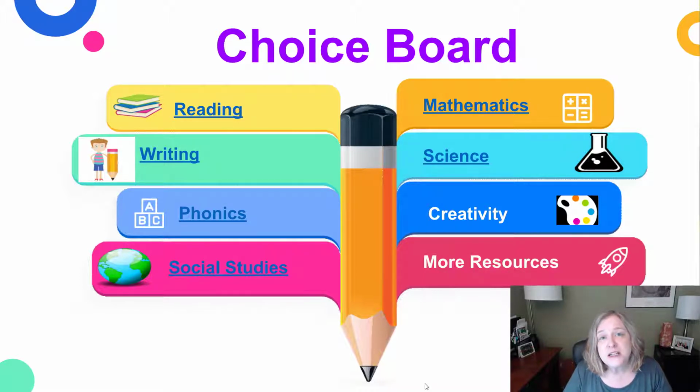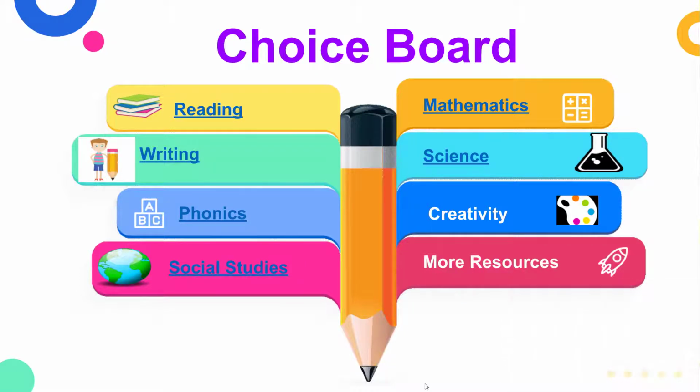Because if you're wanting to keep your HyperDoc to one page, you're sort of limited with the amount of information. This way, with slides, you can put a lot more information. So let's take a look at how to make a HyperSlide choice board.